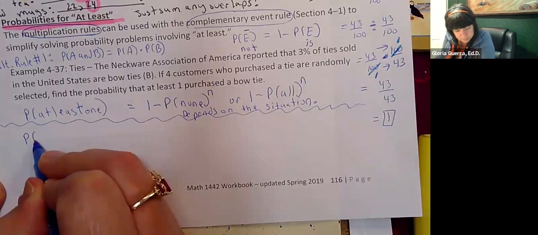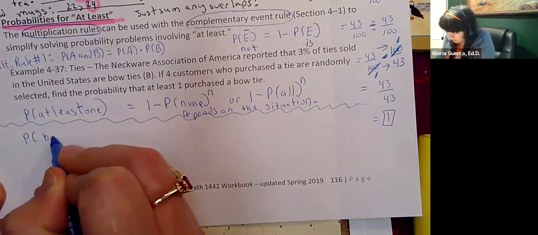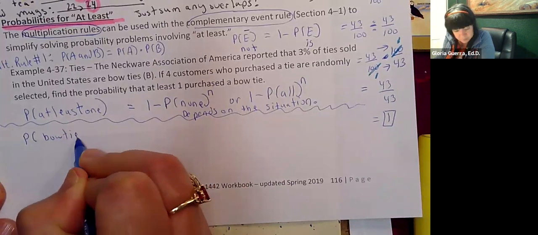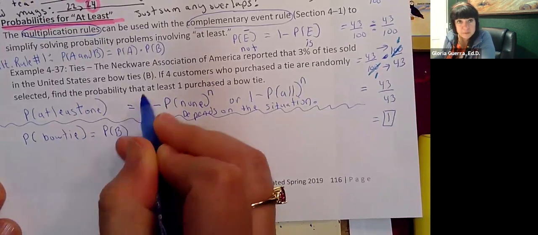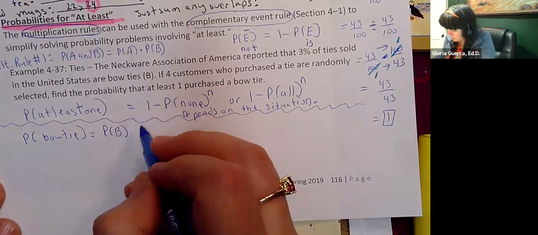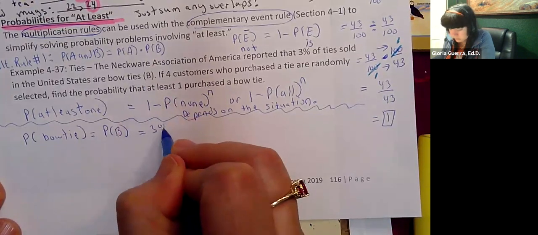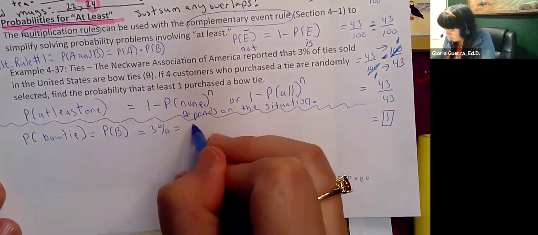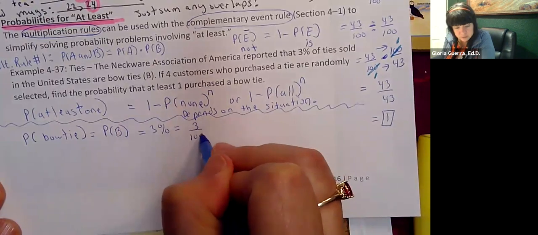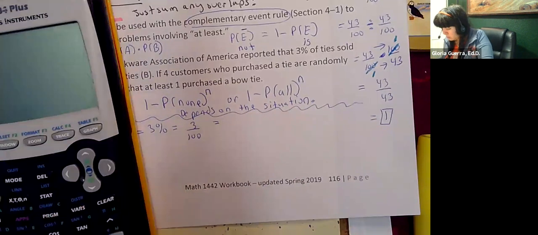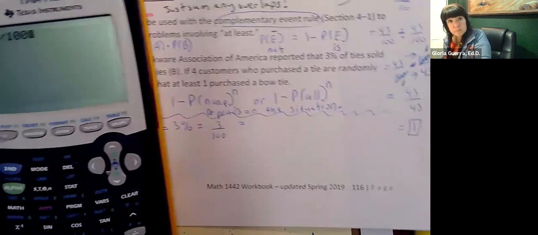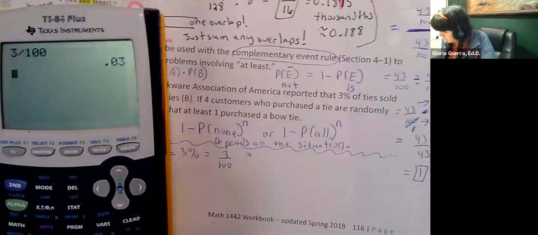Probability of bow tie is equal to, I'll call that probability of B because they did use B here. And they said that was 3%. As a fraction, that's 3 over 100. As a decimal, 3 divided by 100 is 0.03.